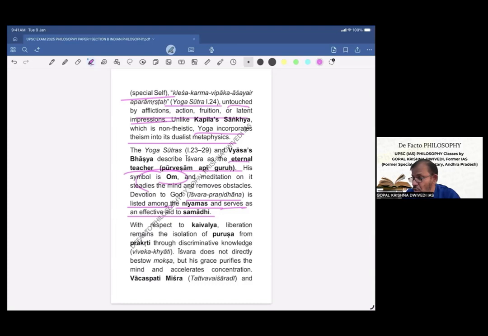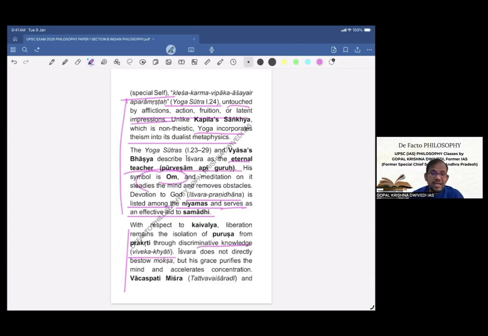So, till now, we have described the nature. Now, its role in Kaivalya needs to be described, because there are two parts in the question. First part is its nature, second part is its role. With respect to Kaivalya, liberation remains the isolation of Purusha from Prakriti through discriminative knowledge, that is Viveka Khyati.